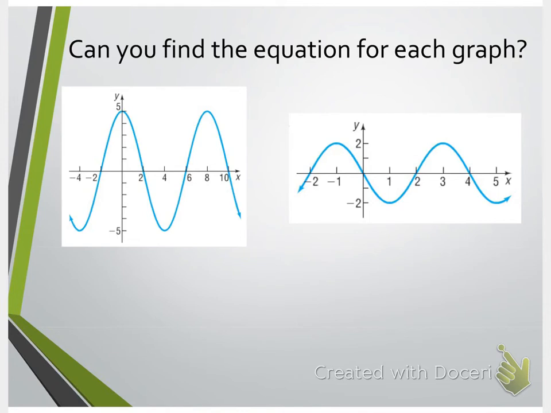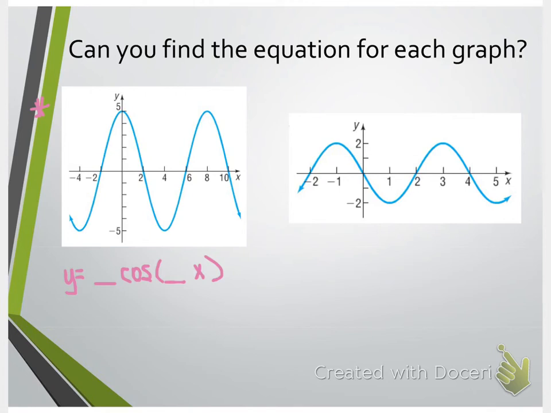Okay. So, first one here, I'm thinking it's cosine, right? We've been doing a bunch of cosine graphs, all right? So it's going to look something like y equals something cosine of something x. And we've got to make sure we get the somethings.